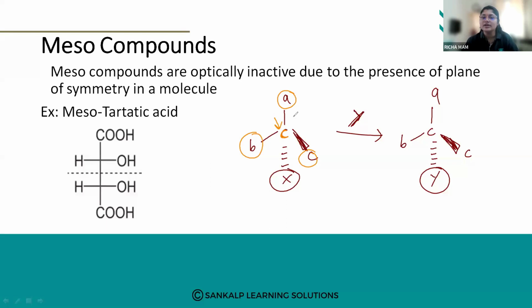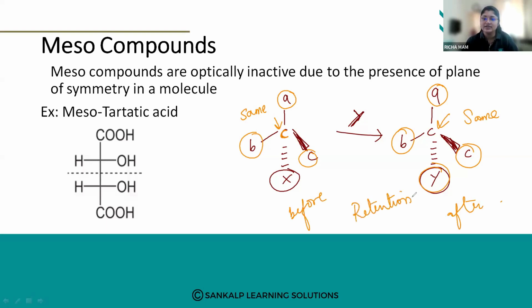If the relative arrangement at the asymmetric carbon remains the same before the reaction and after the reaction, then it is said to be retention of configuration.